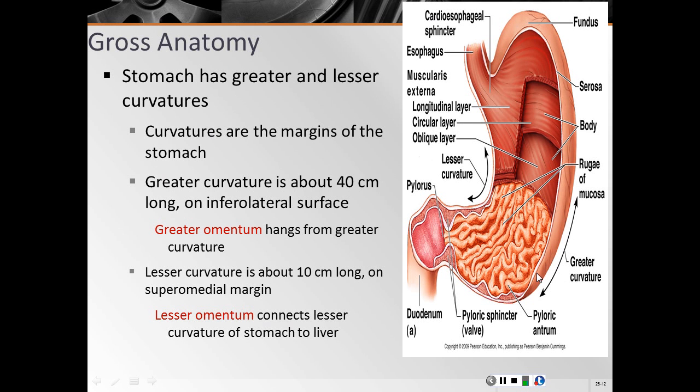Now, the lesser curvature of the stomach extends about 10 centimeters from the esophagus to the duodenum, along the medial to superior aspect of the stomach. The greater curvature has a longer extension, about 40 centimeters from the esophagus all the way to the duodenum. Okay.